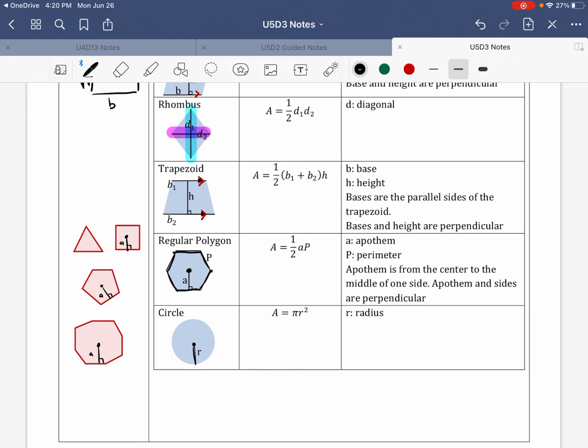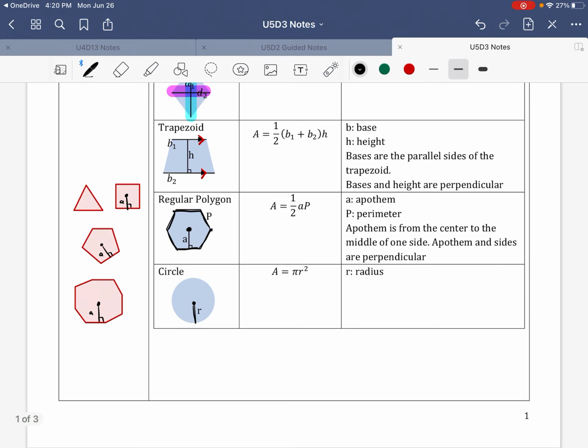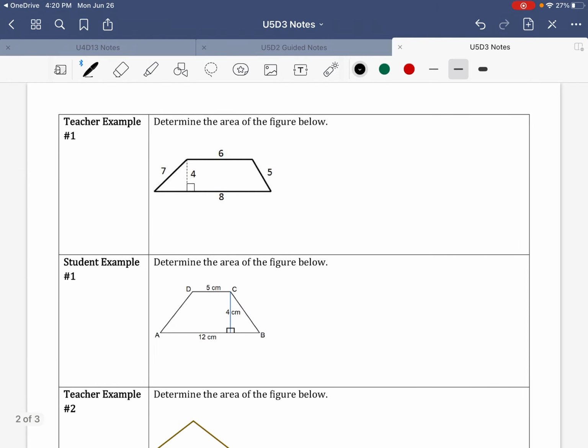Okay, we're going to go through a number of examples of how to use these equations. So the first one, teacher example number 1, we're given this figure below. And what we can see is we have one pair of parallel sides, which makes this figure a trapezoid. So we're going to use our area equation, 1/2 times b1 plus b2 times the height.